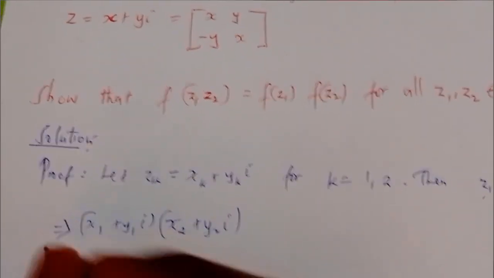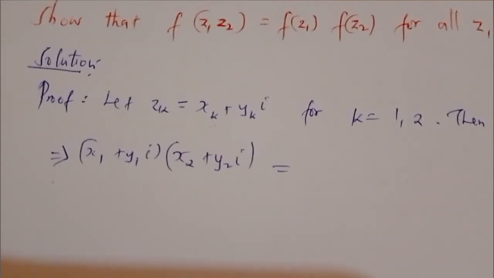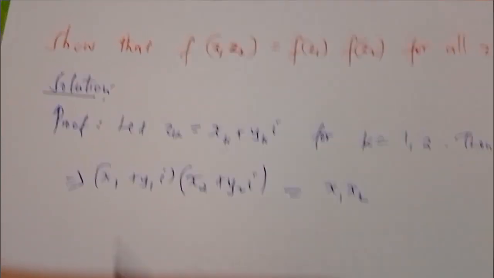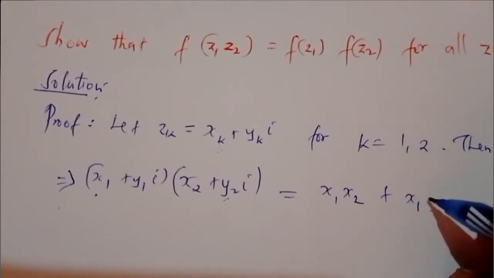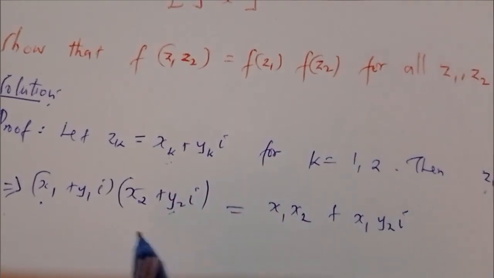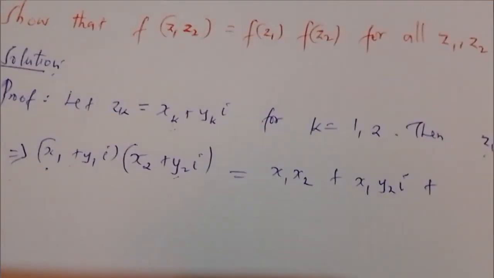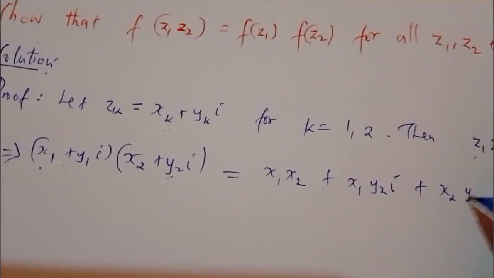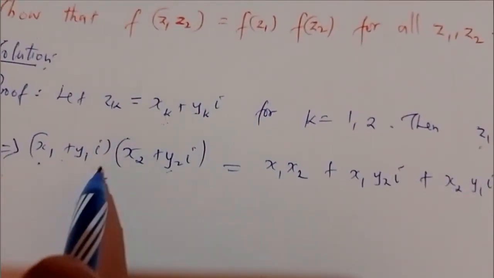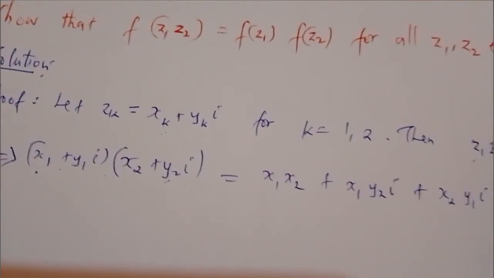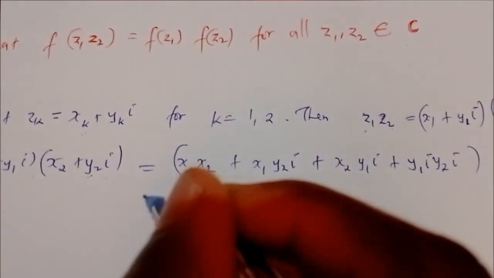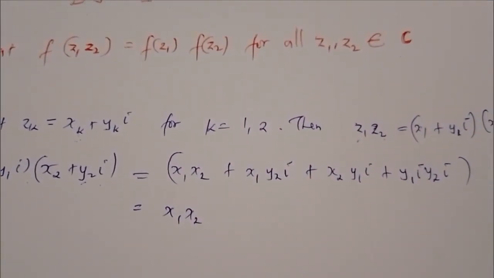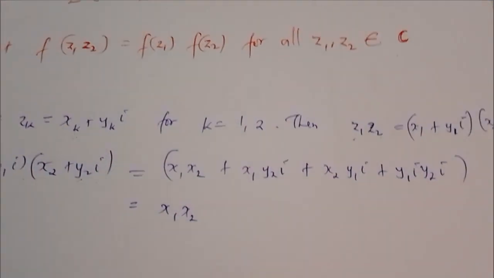We get the product of this. x1 times x2 is x1 x2, x1 times y2 i, positive is positive, x1 y2 i, then plus y1 i times x2 will be x2 y1 i, then plus y1 i times y2 i will be y1 y2 i squared.